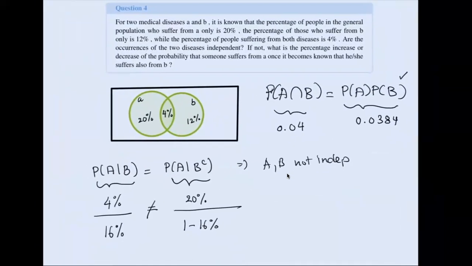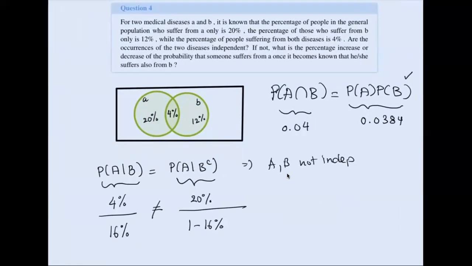Yep. And they ask if the probability increases or decreases if you know that he or she also suffers from B. So without any information about B, the probability that she got disease A is 24%. And then given that the person got disease B, the chance that they got disease A is 4 divided by 16.